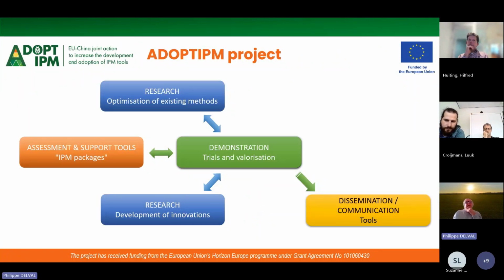In ADOPT-IPM, we have 5 work packages that interact, of course. In blue, you can see that we have 2 research work packages on optimization of existing methods, but also on development of innovations. We have the demonstration, and all the trials you can see are in the demonstration trials, and we have to valorize this.